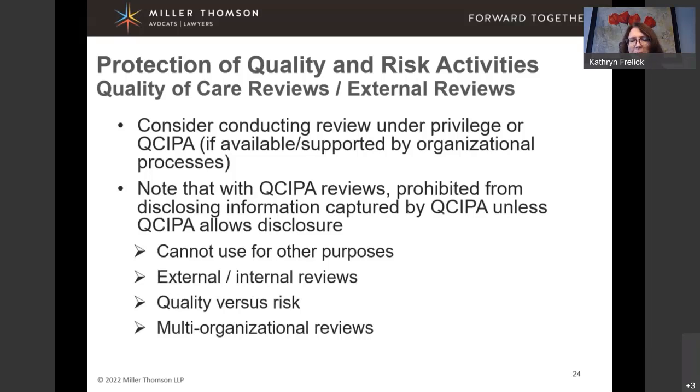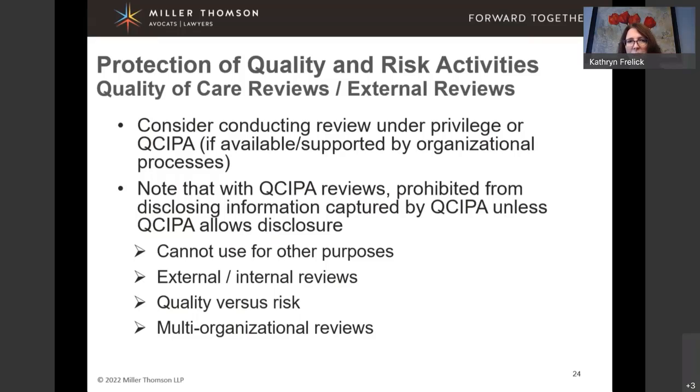So back to QSIPA and quality of care reviews or external reviews. Because of the restrictions with QSIPA, consider whether that is the process that you would like to follow, if that is available to you as an organization, or whether conducting the review under privilege is preferable, knowing that you can use that information in other processes and it's possible to waive that privilege.